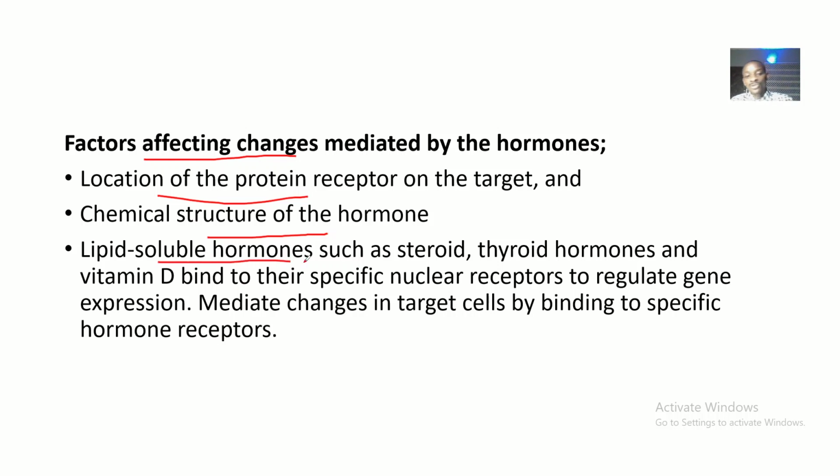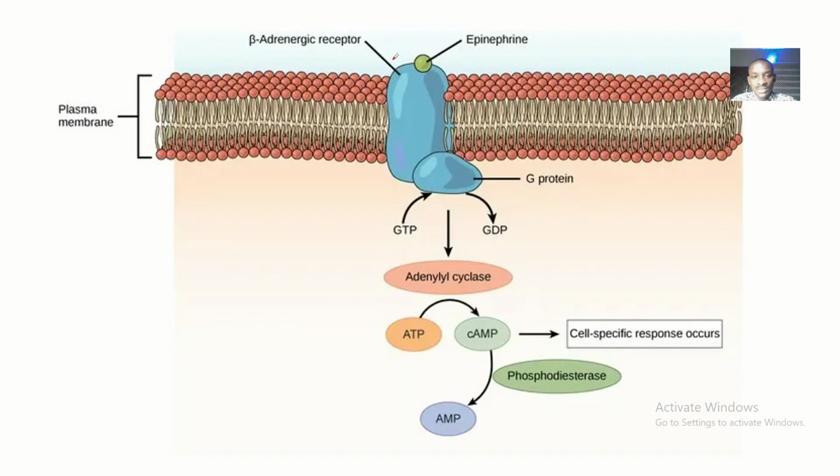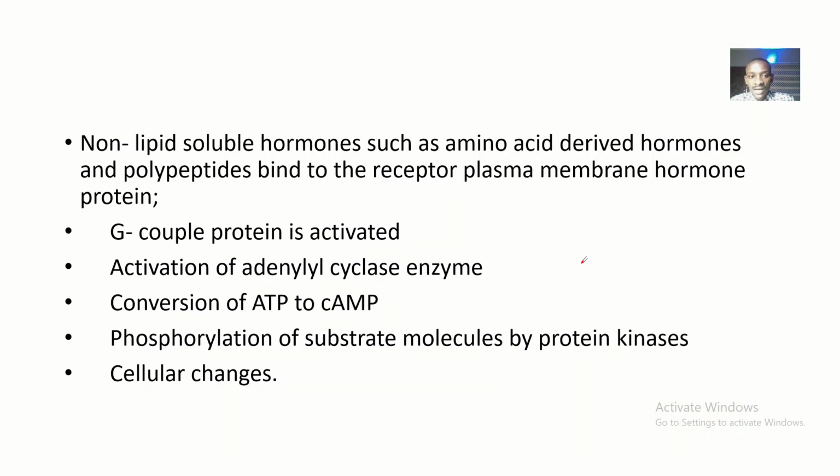Lipid soluble hormones such as thyroid hormones and vitamin D bind to their specific nuclear receptors to regulate gene expression. So this is how a hormone gets into the cell, and the action is strictly through a receptor.